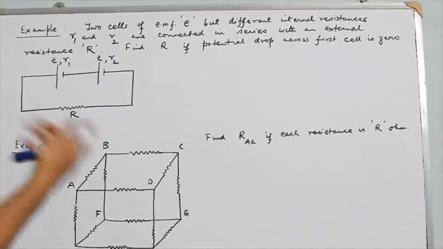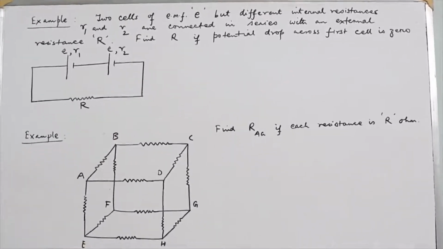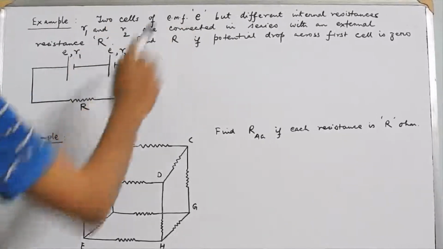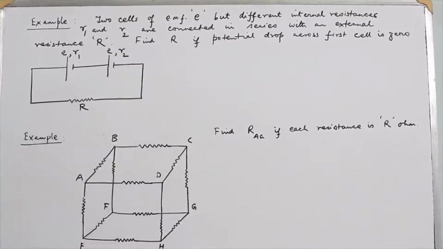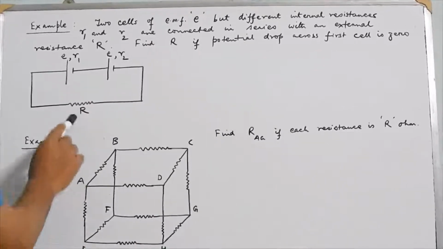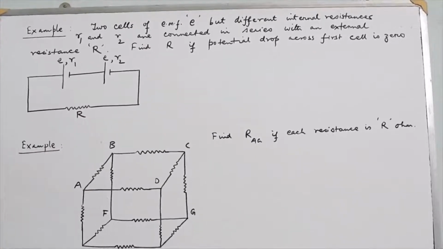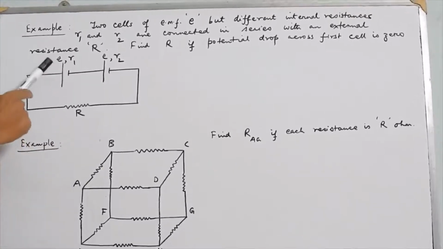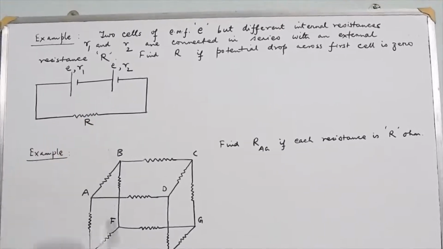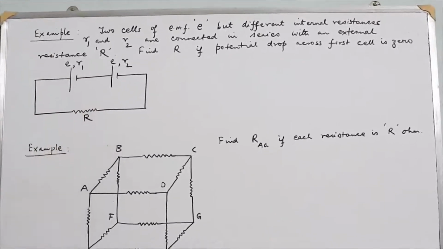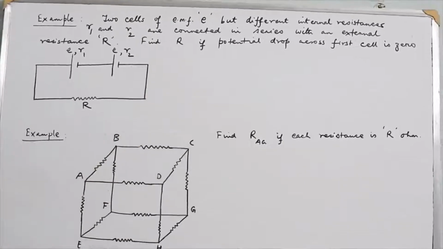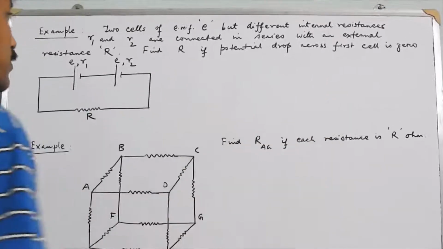Let us discuss two more problems on Kirchhoff's law. Now the first problem is: two cells of EMF E but different internal resistances R1 and R2 are connected in series with an external resistance capital R. So this is the first cell having EMF small e and internal resistance small r1, whereas the next cell is also of EMF E and internal resistance is R2 and the external resistance is capital R. We have to find R provided the potential drop across the first cell is 0.